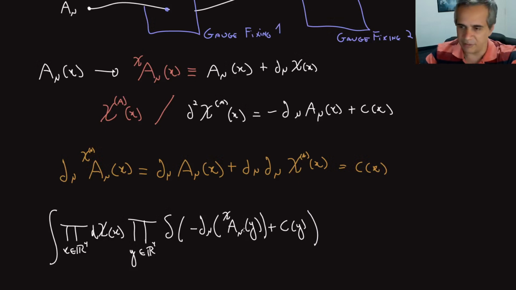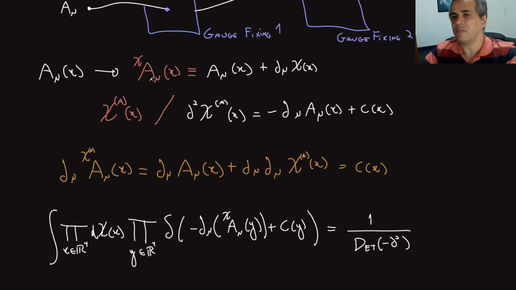And I have a dependence on chi in here. This is just this one, and I'm enforcing that this is equal to c at every point in space. And I want to prove that this is the same as 1 over the determinant of the minus derivative squared operator. So that's what I want to prove.